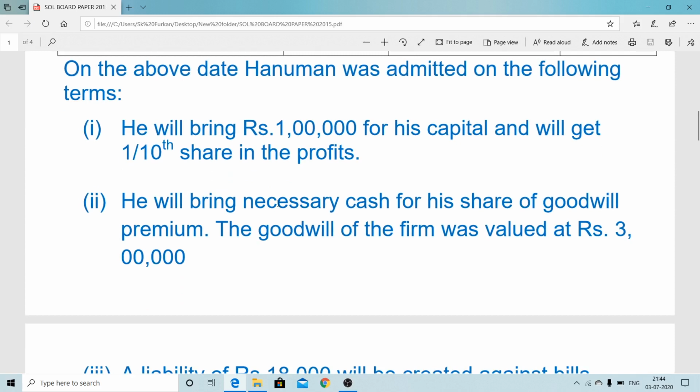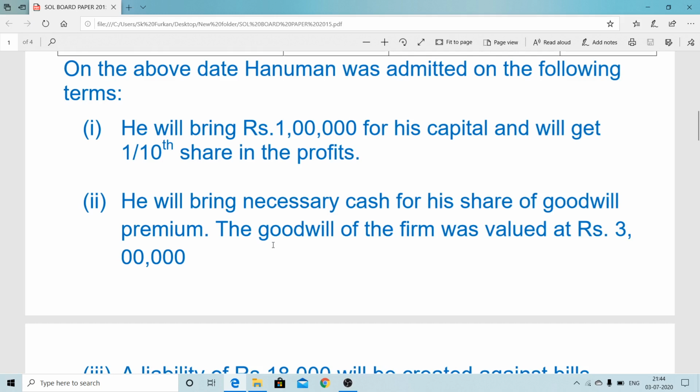Second condition also there: he will bring necessary cash for his share of goodwill premium. The old existing business has some name and fame. For that purpose, the incoming partner, Hanuman, has to pay some extra amount, that is called premium for goodwill.